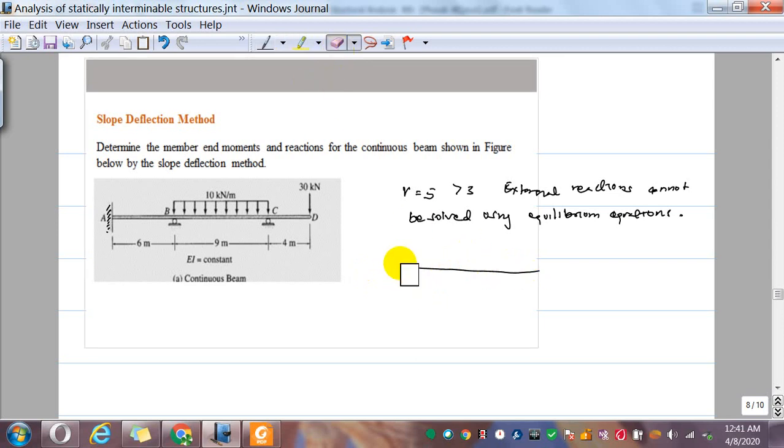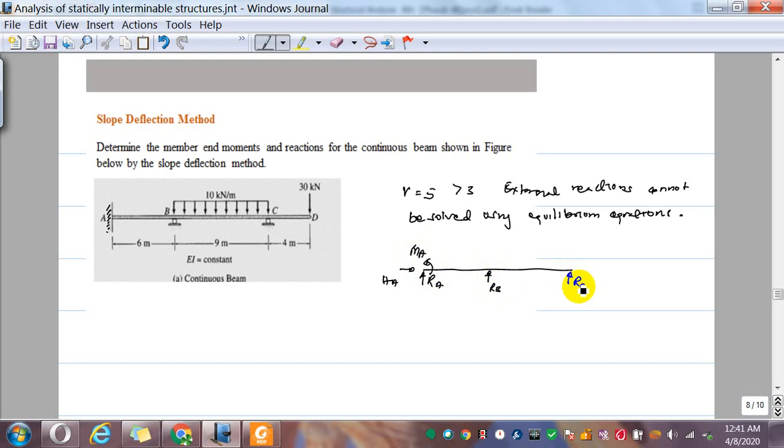So this is my free body diagram. Here I have RA, HA and MA, and I have RB, I have RC.